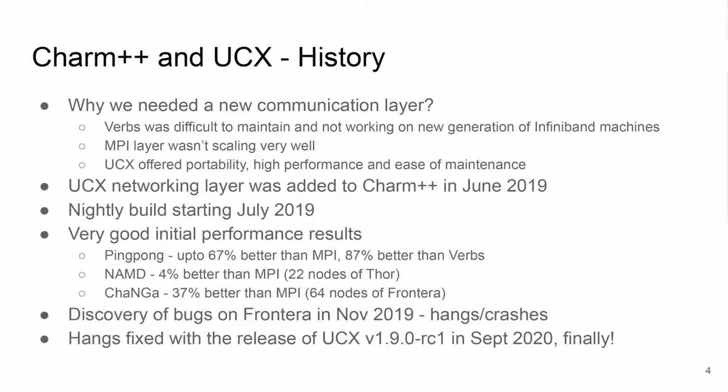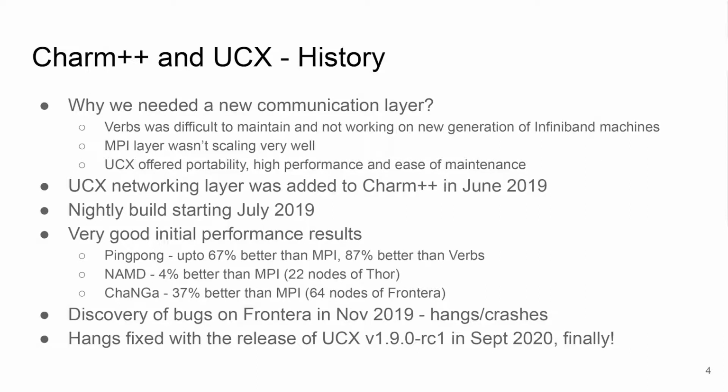So as and when new machines have been installed and whenever Charm++ was used on them, we roped in and created new machine layers or communication layers, starting off with net LRTS to MPI, and then native layers like GNI, verbs, and so on.